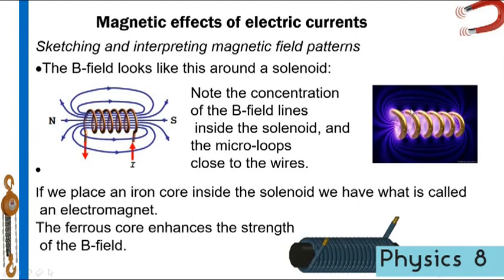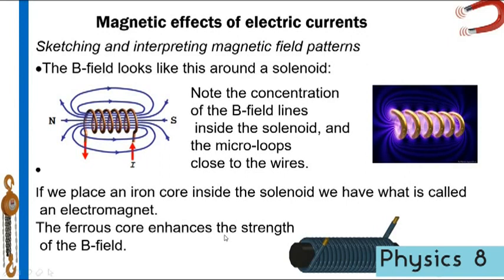We can illustrate the magnetic field flow through the solenoid as in this animation here. You can see these represent the coils which form part of the solenoid, and you can see the magnetic field intensity inside the solenoid, and as the field lines come out from the solenoid you can see their distribution around it.